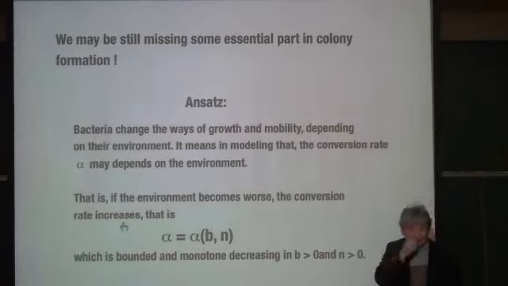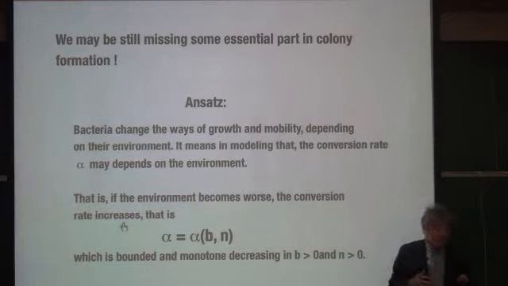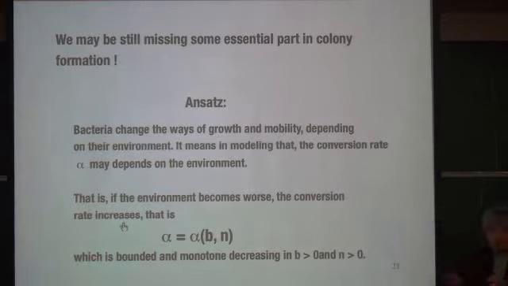This is easy to understand. For instance, Professor Kim, if you have a lot of money, every night you will go somewhere to drink or enjoy. But if you are very poor, maybe you stay at home. So the conversion rate really depends on the environment.